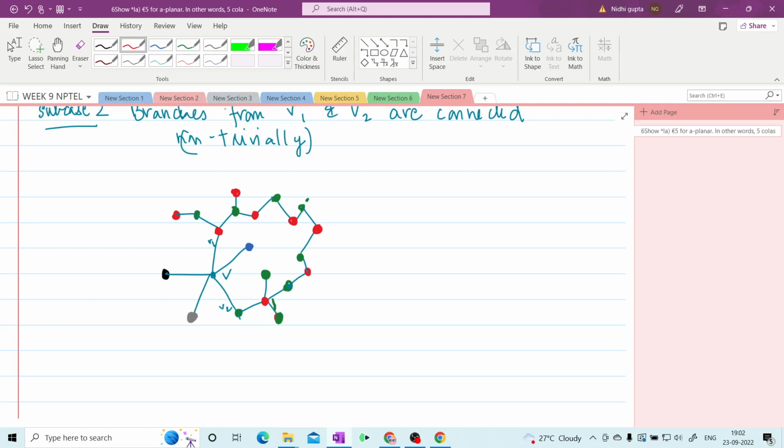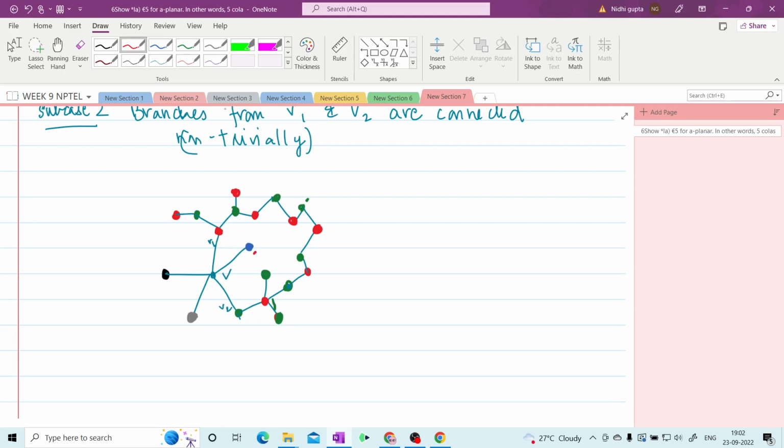Now you see, you can't always swap the colors from one of the branches, because the cycle might be odd or even, so you cannot always guarantee that swapping color will help you. Since they are connected, you are getting a cycle.